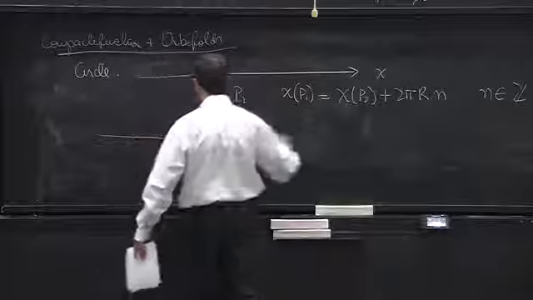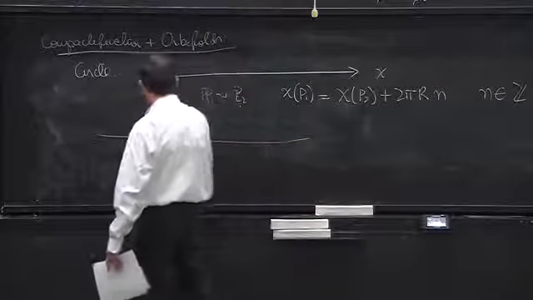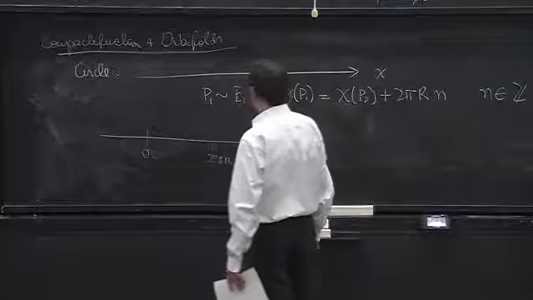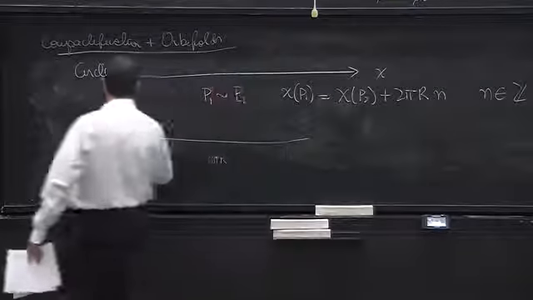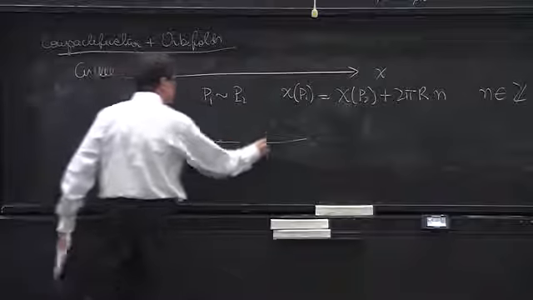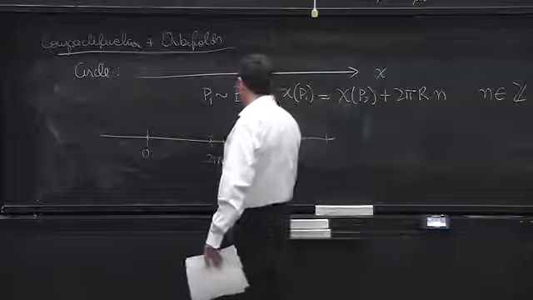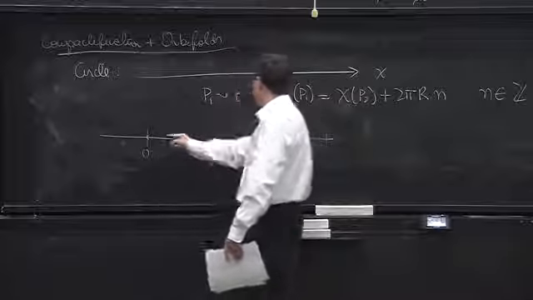You think about it, and you say, well, here's the origin, here's 2 pi r. Well, this point is the same as this point, is the same as this point, but this point is the same as this one, because they differ by 2 pi r.